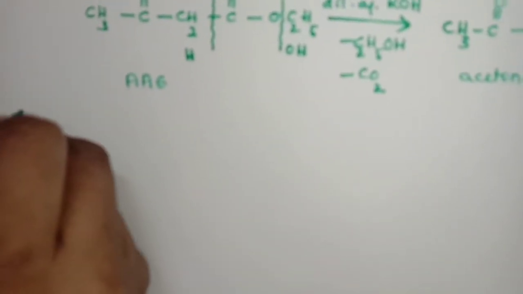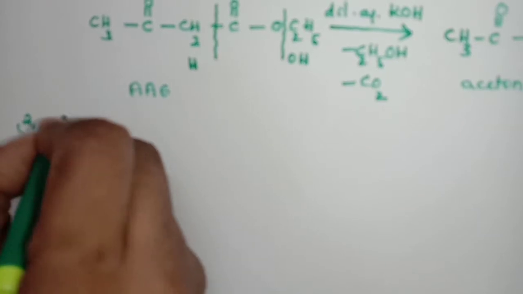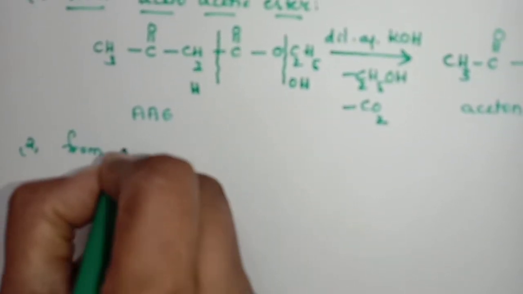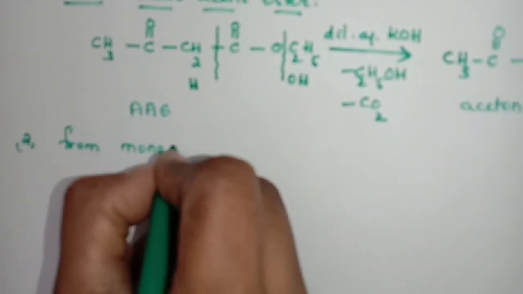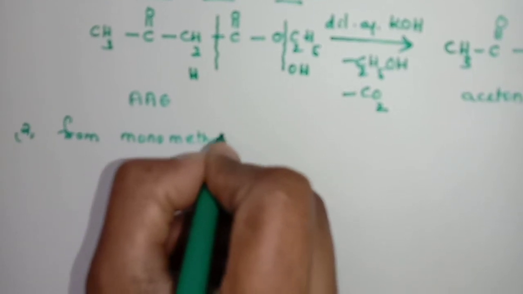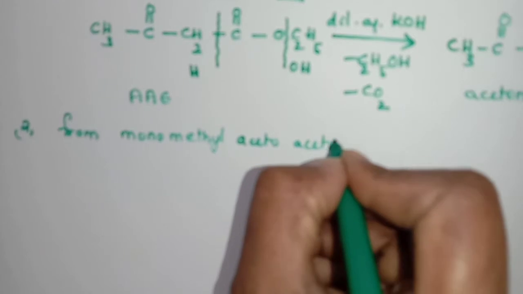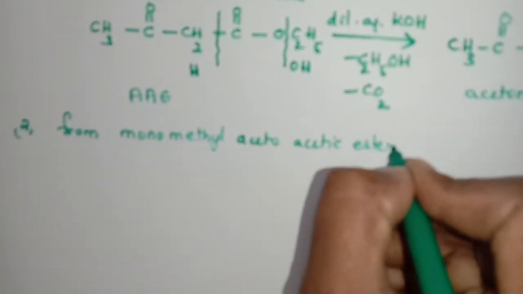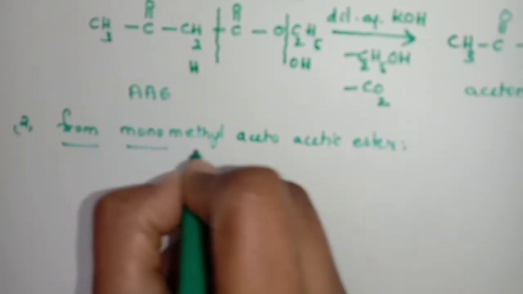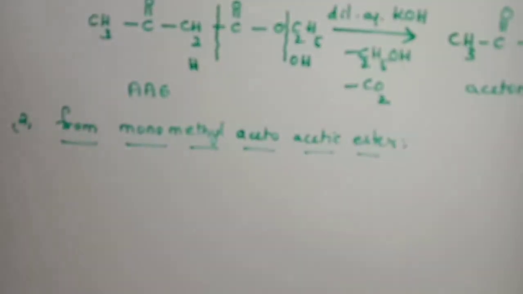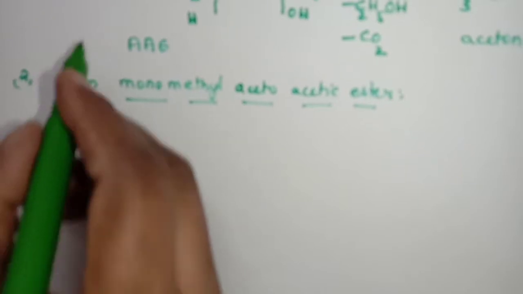Next, the second method is from monomethyl acetoacetic ester. So now you know what acetoacetic ester is, right? So what is monomethyl acetoacetic ester? I will show you how to write.